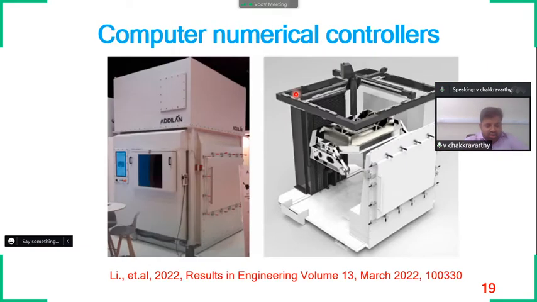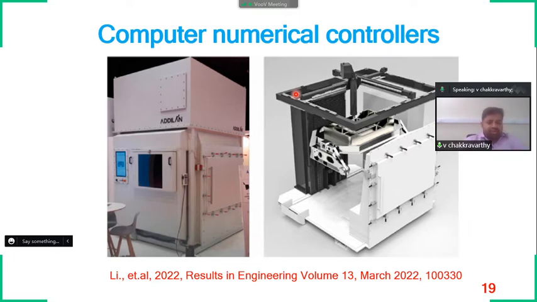So why do we go for CNC based positioning? For example, if we are concerned about position and precision, the torch should move exactly to this x coordinate, this y coordinate, this z coordinate. That precision and positioning is very good in computer numerical control machining.